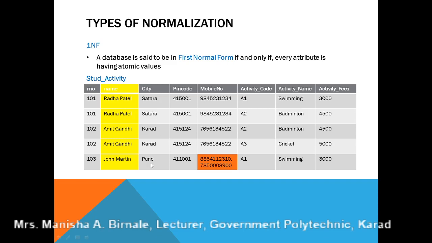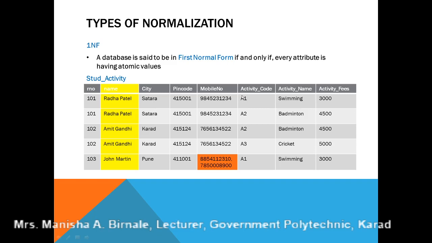Here city is an atomic value, a simple attribute. If we see mobile number in this table, the student whose roll number is 103 has two mobile numbers. So this is called a multi-valued attribute.